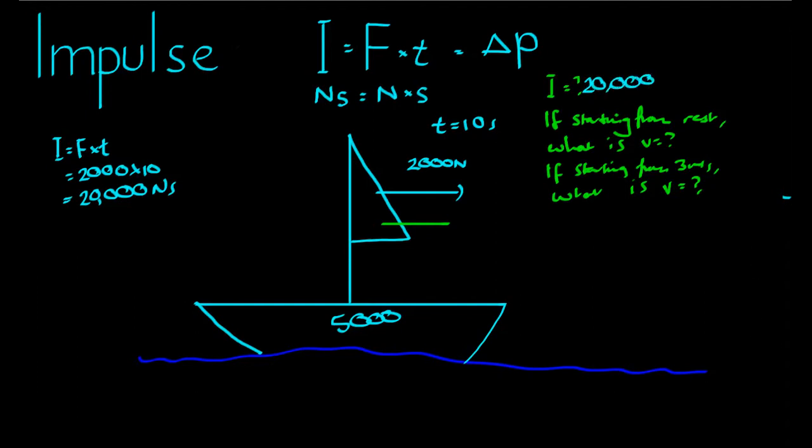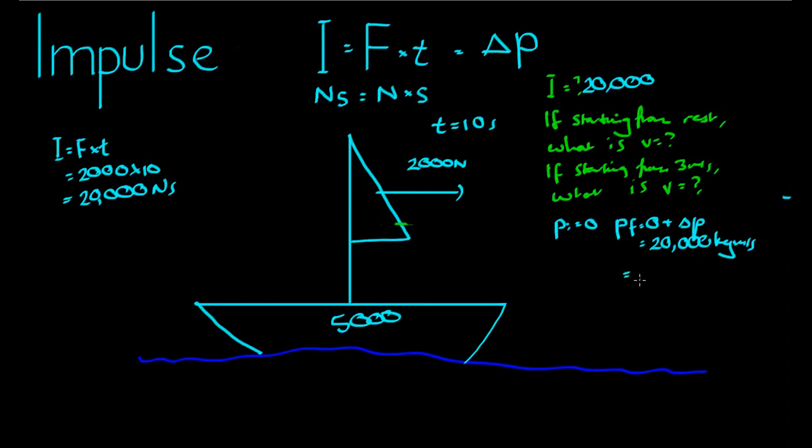Since that's the only force acting on this sailboat, the impulse is also going to equal the change in momentum. So if it's starting from rest, the initial momentum, let's call it Pi, is equal to 0, and the final momentum is equal to 0 plus the change in momentum, which is equal to 20,000 kilograms times meters per second.